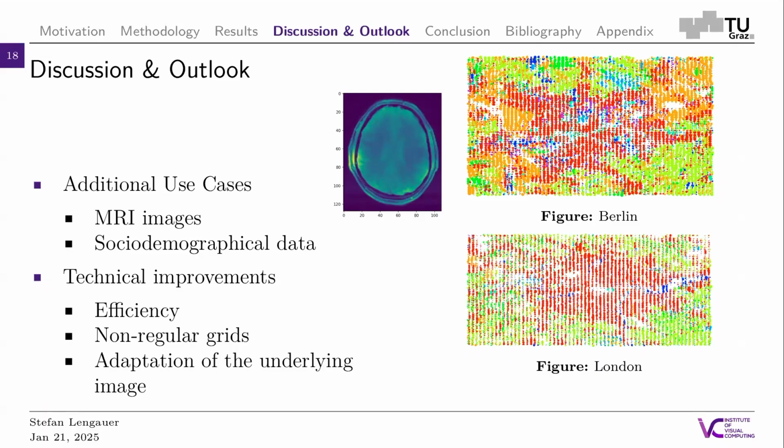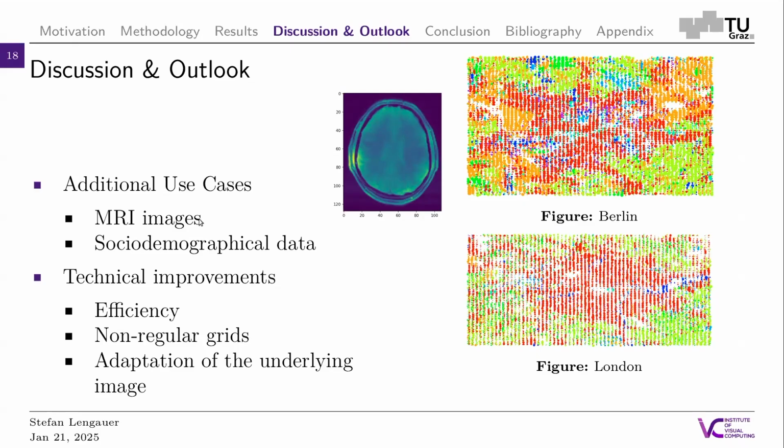From a technical perspective, we're also looking into further ways to improve efficiency. The previously shown examples were generated with a naive Python implementation, and they took a couple of seconds to generate for the tissue samples on commodity hardware, but we want to further improve this. My colleague Peter Waldert, who is also here today, is working on a TypeScript implementation for web embeddings.